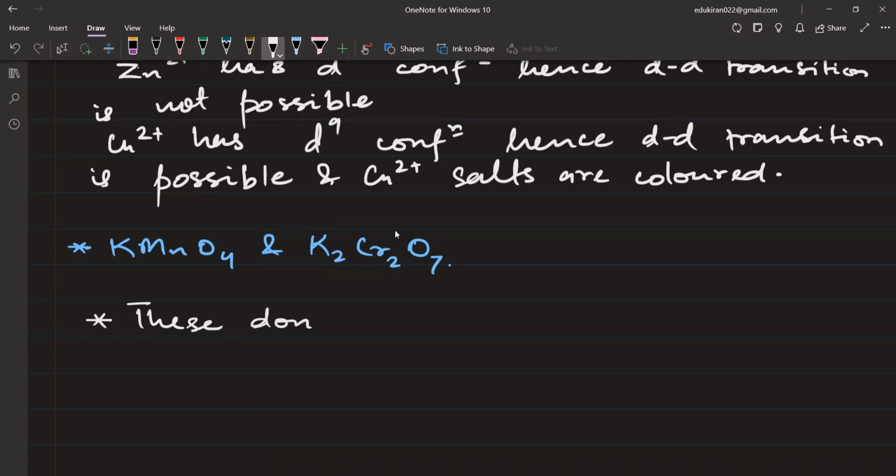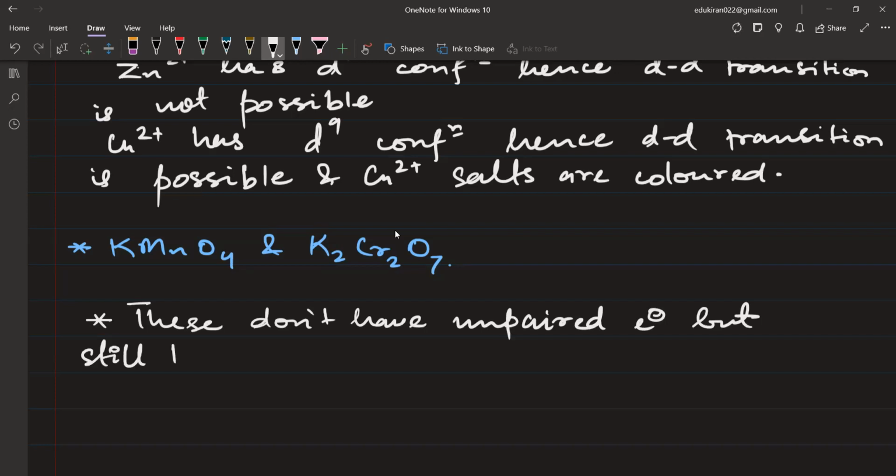These don't have unpaired electrons, but still they show color. Okay, why is that? This is not due to DD transition.